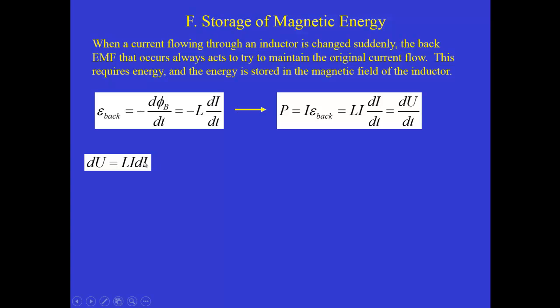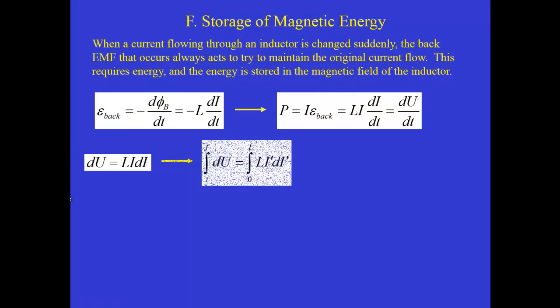And in order for us to figure out what the energy storage is in total, we can integrate both sides of this equation. On the right hand side, we will be integrating from the initial current of 0 before the switch is closed to the final current that flows through the inductor when it reaches its steady state value. I put primes on the dI and the I here.